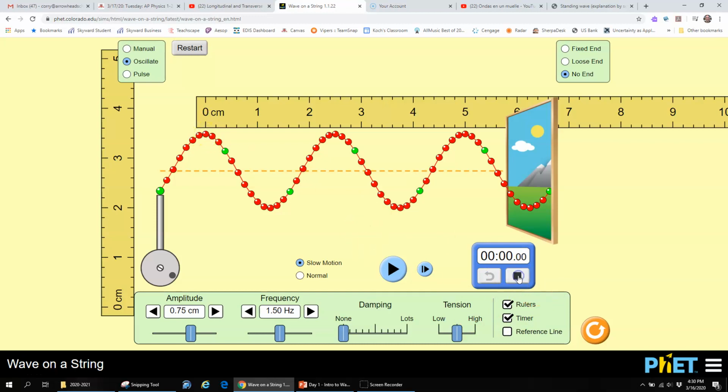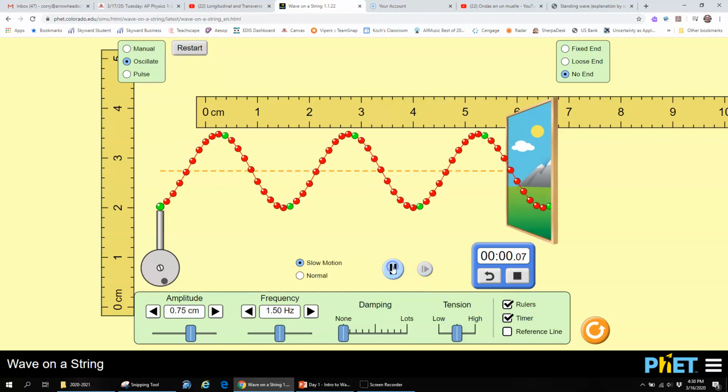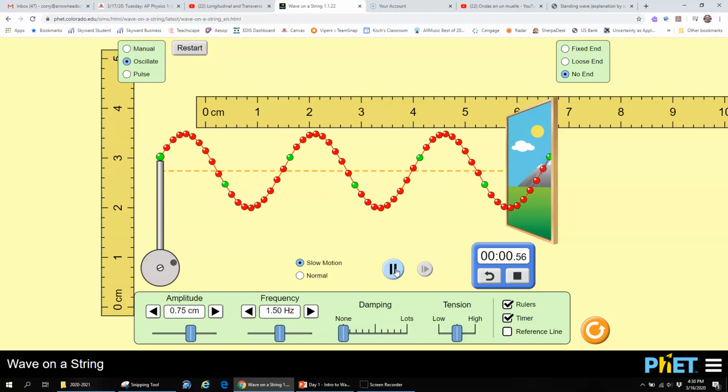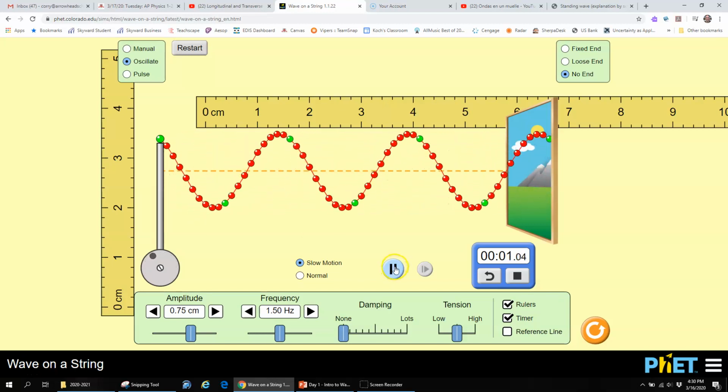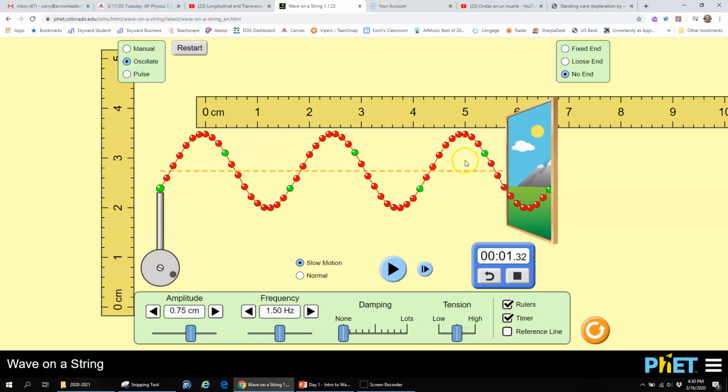So if I started the timer and then let it go, and then waited until it had traveled, I don't know, 5 centimeters, then I could see this is the time. So this crest went from 0 to 5 centimeters in this time, and traveling at constant velocity, I could just divide that distance by that time. So 5 centimeters divided by 1.32 seconds would give me the speed in centimeters per second.